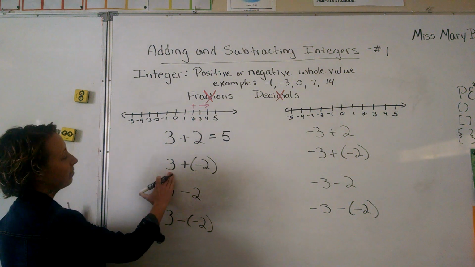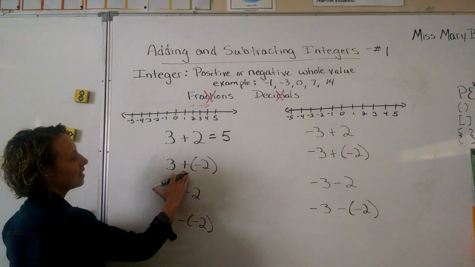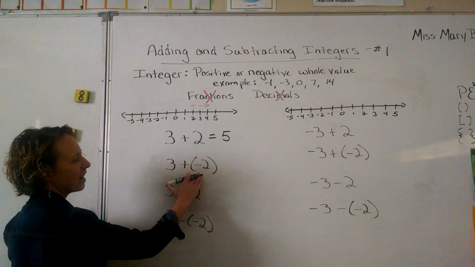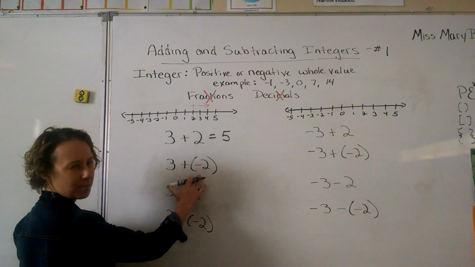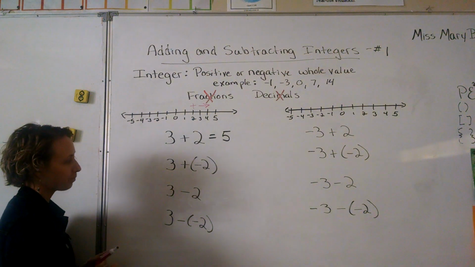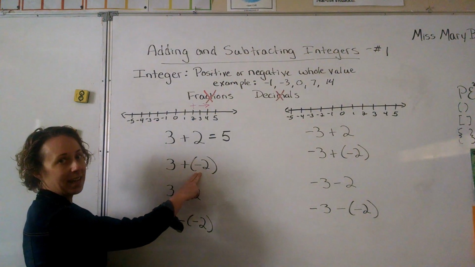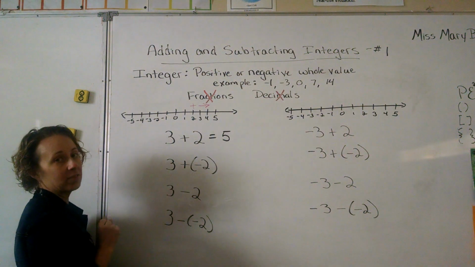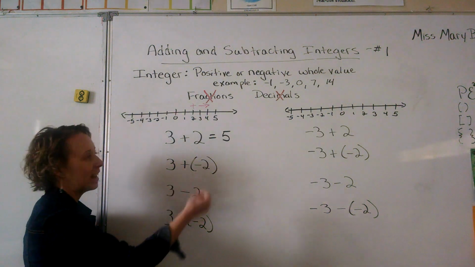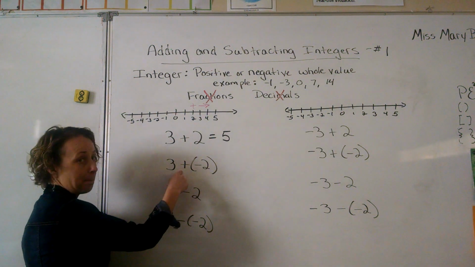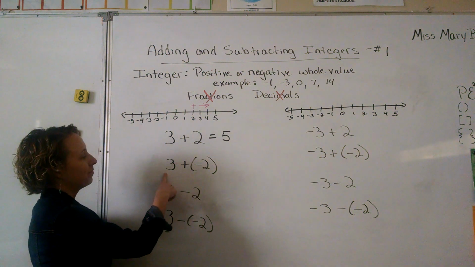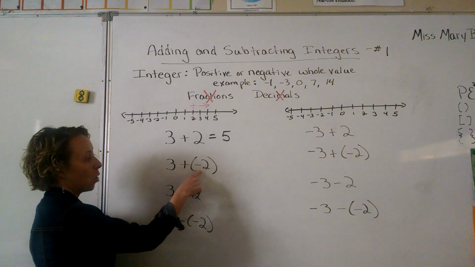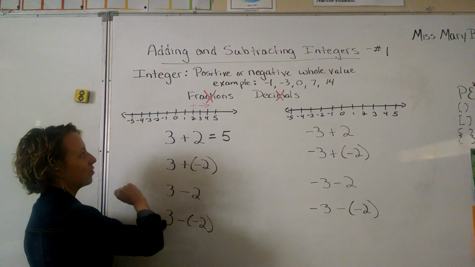I'm starting with 3, and then I'm adding -2. Sometimes it's hard to think about adding something negative. What do I do? If you're adding something negative, it's moving you in a negative direction. We're adding negative things, that makes it more negative. So start at 3, and we're going to move 2 more in a negative direction.